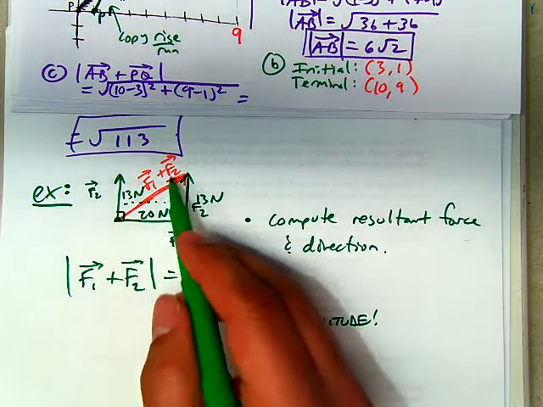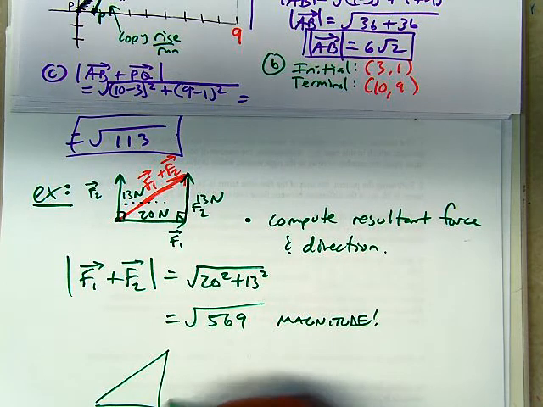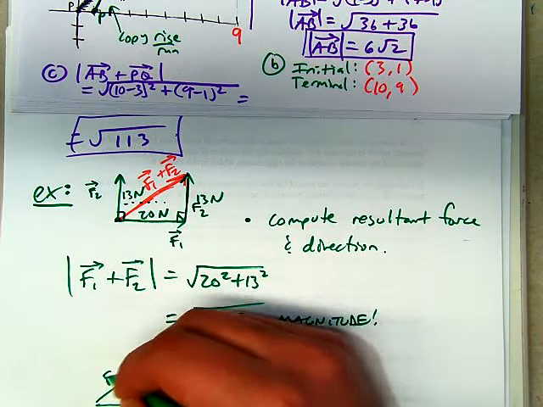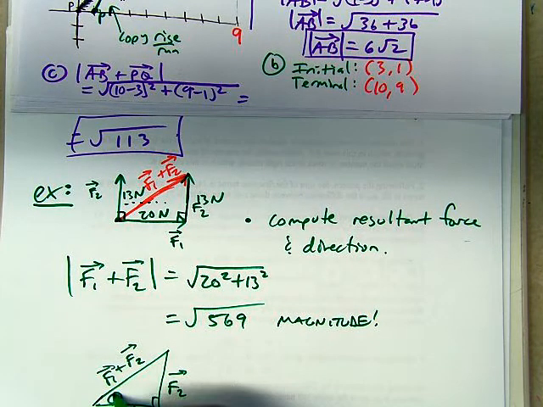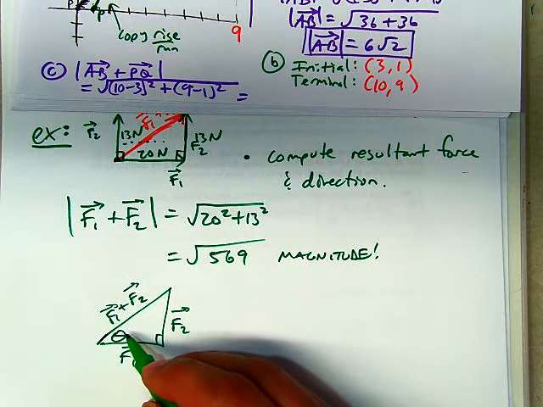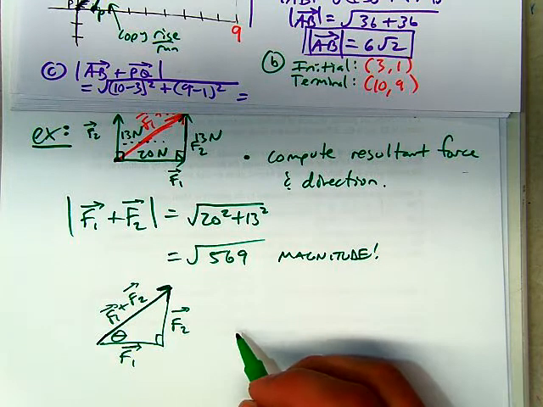Now the direction, so let me just kind of redraw what we have here. So here's F1, here's F2. This hypotenuse was F1 plus F2. If we can find this angle right here on the bottom, this would tell us the direction of the resultant force.